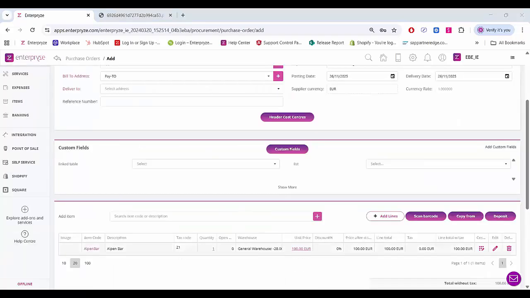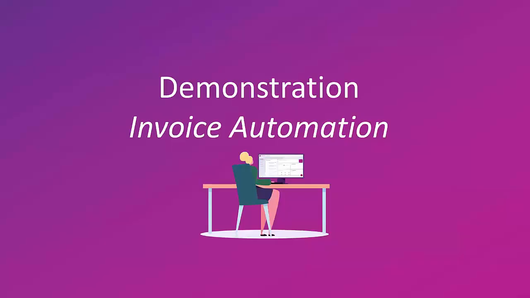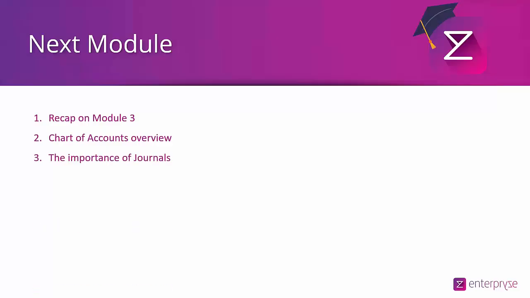So what I'd like to share with you now is just to remind you about what's up and coming in the next session. So for example, if we look here at the next module, we will do a recap, of course, on today, but it's all around accounting. So we'll look at the chart of accounts, the importance of journals, cost accounting overview, setting budgets.